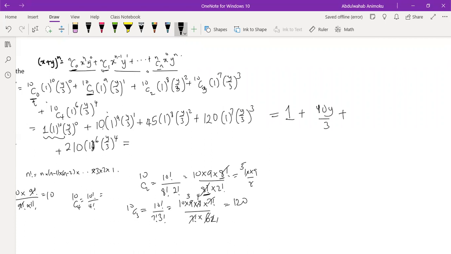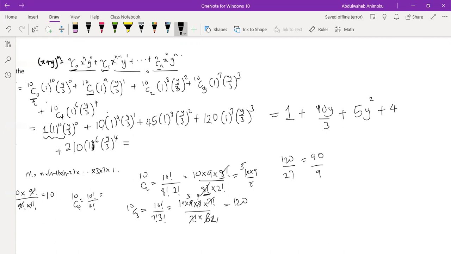The next one will be 45 over 9, y over 3 all squared, which is 5y squared. The next one would be 120 divided by 27. So we have 120 over 27. You can simplify that by 3, here that is 40, here is 9.